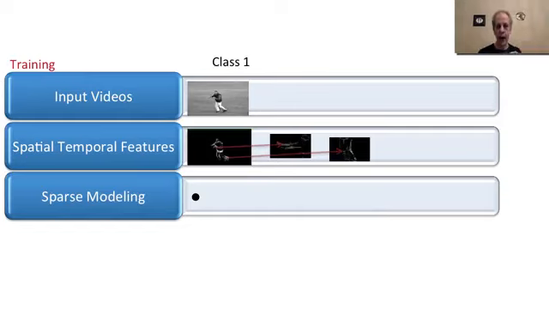So we take 8 by 8 in the frame and 5 consecutive frames. And we look at which of those have high energy, basically enough high coefficients that go above a certain threshold. We pick only those patches, and with those patches we learn a dictionary for that class.